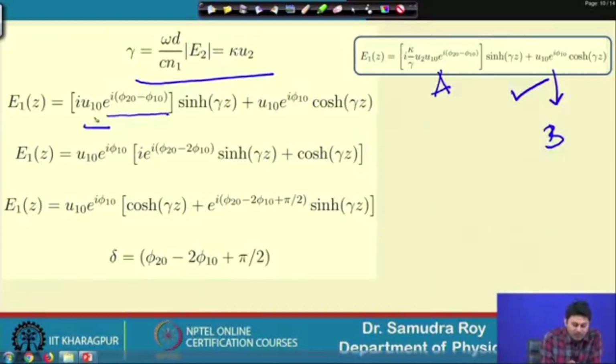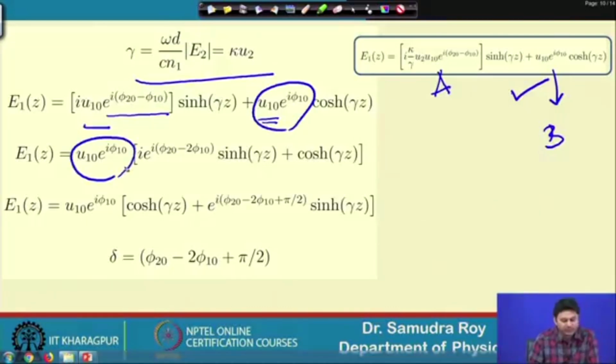Here we have one term u10, here also we have one term u10. So, the next thing that we are going to do is take the common u10 e to the power of i phi 10. So, this term we take common from both sides. When we take this term common, you can see that we have e to the power of i phi 10 with a negative sign.